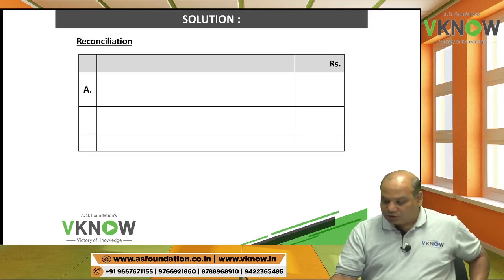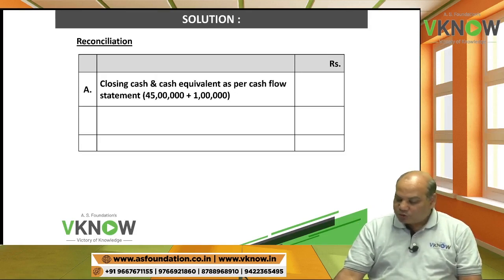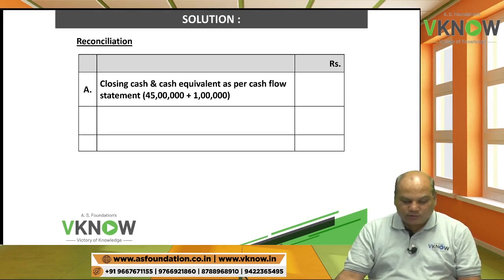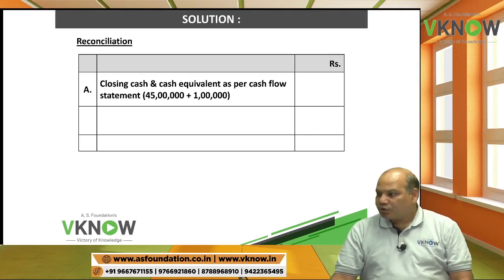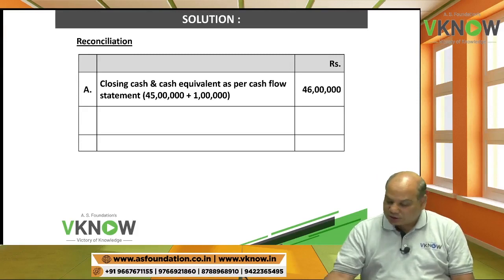Right hand side, rupees. Point number A. Closing cash and cash equivalent as per cash flow statement 46 lakh.